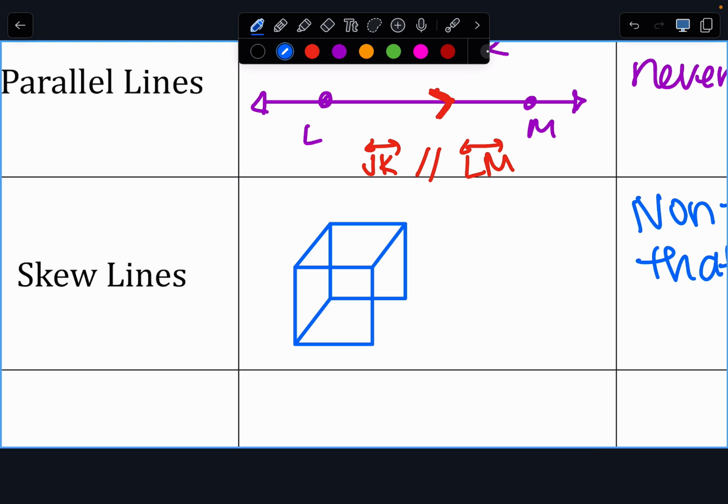So like those two are skew. It's a weird word to say also, just so you know.